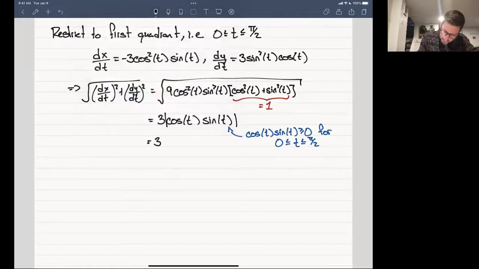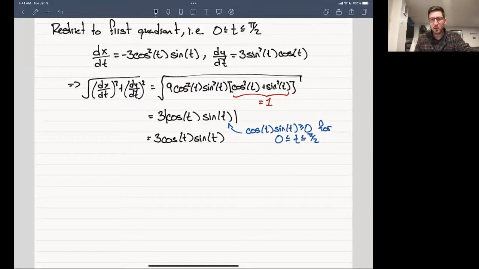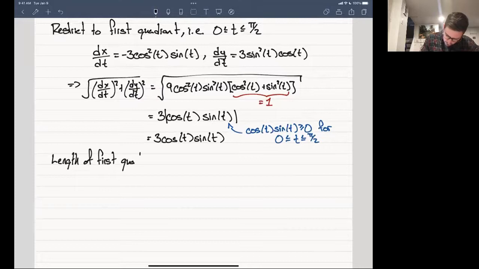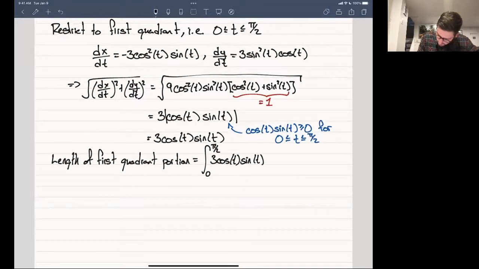And so by doing this, now I have cos t sine t. And so that means that the length of the first quadrant portion can also be computed using the arc length formula. And this becomes the integral of 3 cos of t sine of t dt.